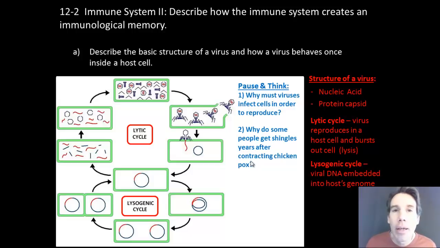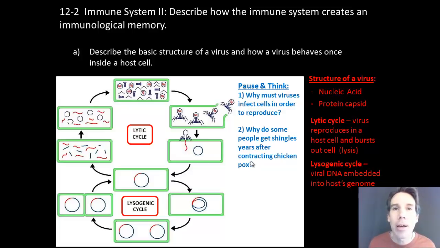What I didn't realize is that the virus that causes chickenpox was actually hiding in the neurons of my spinal cord. And all those years later, the virus was able to reemerge. Usually that happens if a person's immune system has been lowered, if you're under stress and not getting enough sleep.